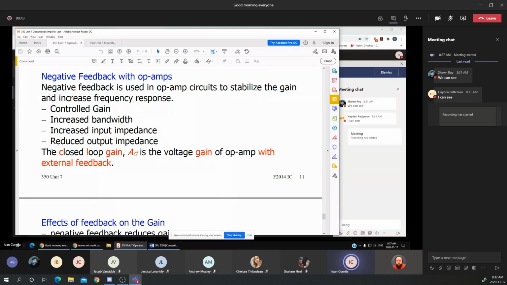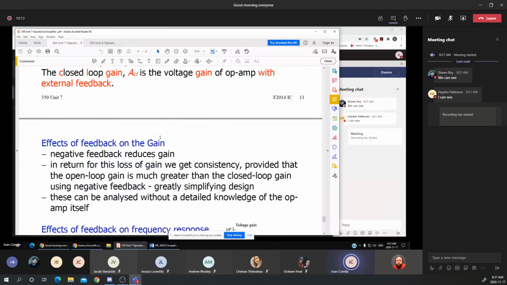We'll talk about some of these advantages because we'll do some calculations next week and in-class examples on how to determine the gain, how we can increase the bandwidth, reduce the output impedance, and increase the input impedance of the op-amp.